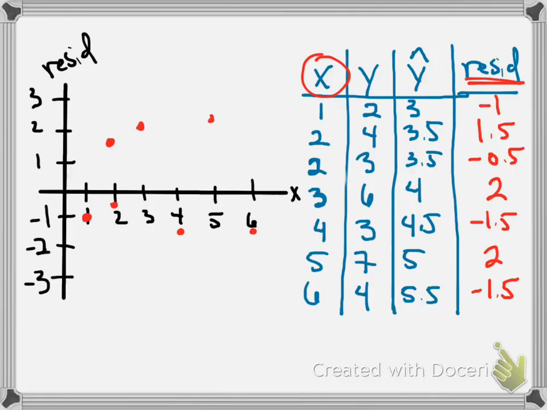In that case, our rule was that the closer the points in our normal probability plot fell to a straight line, the more normal our distribution was. We sort of have the same thing going on here, only our rule is a little bit different. We're going to use this residual plot to determine whether or not a linear model is actually a good representation of the data we were given.